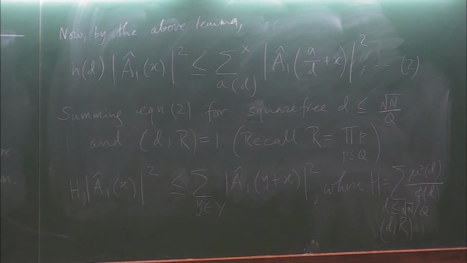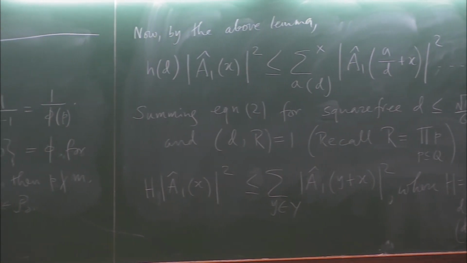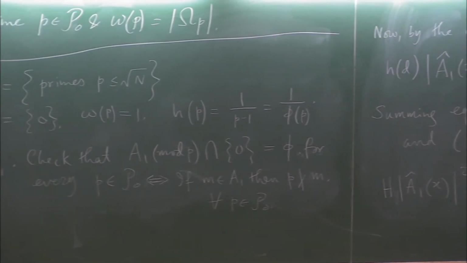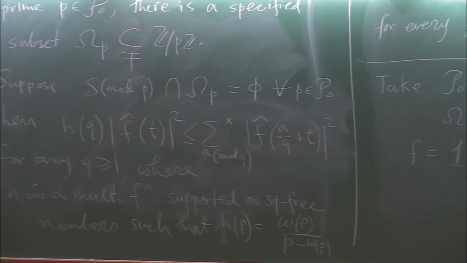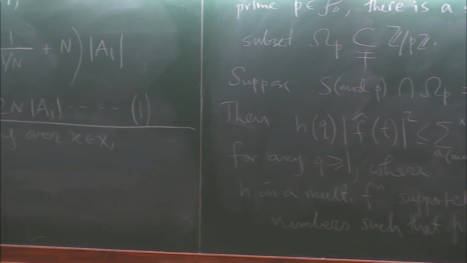So let's erase from here. Now I just divide by h and sum over x. You see, the sum over small x in capital X is the same as doing this, because capital X is precisely the set of a by q.